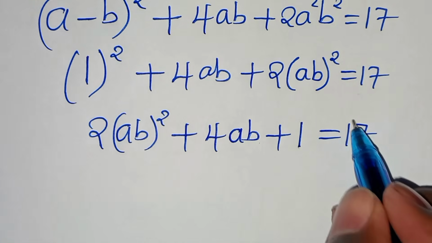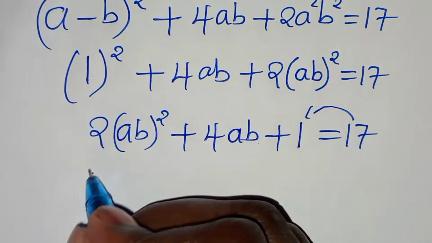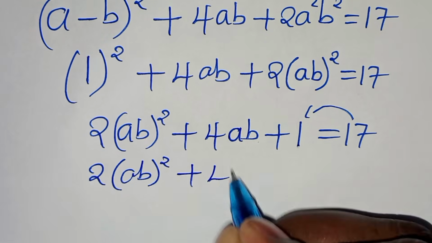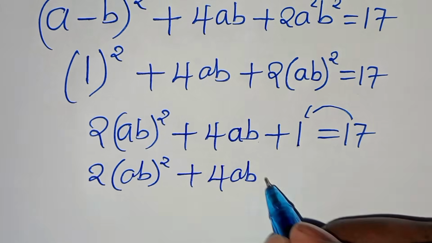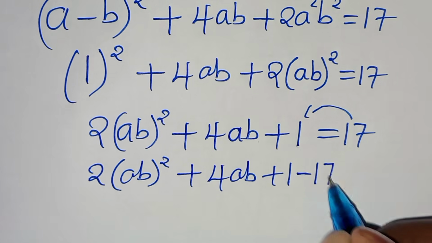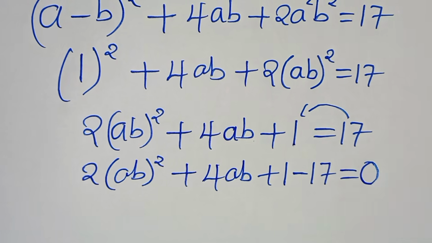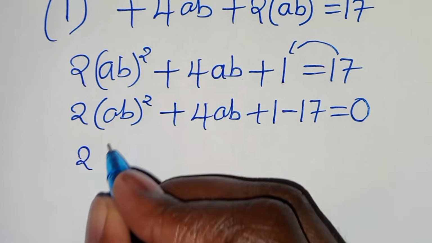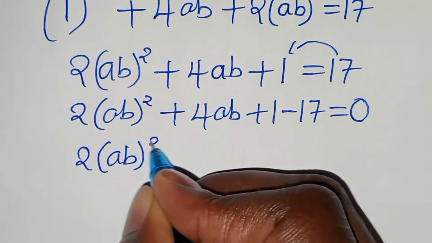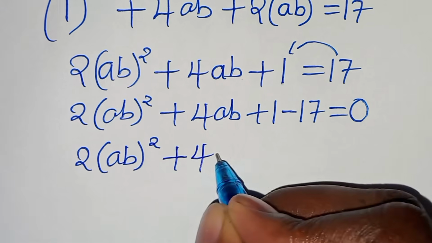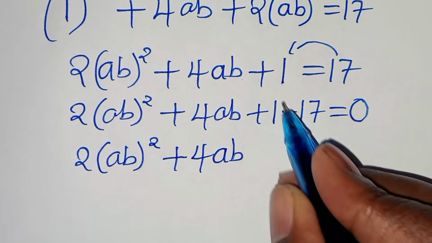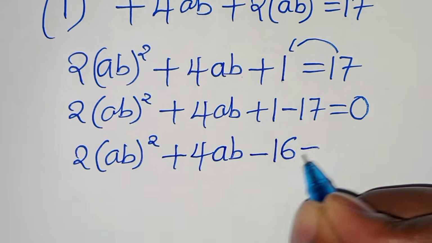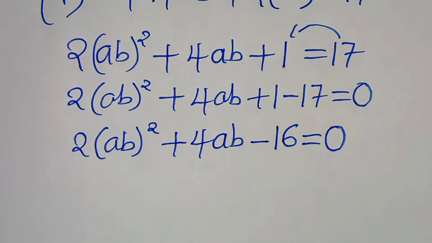So let's take 17 to the left hand side, so that we have 2(ab)^2 plus 4ab plus 1 minus 17 equal to 0. So this is 2 multiplied by ab to the power of 2, then plus 4ab, plus 1 minus 17, which is minus 16, equal to 0.